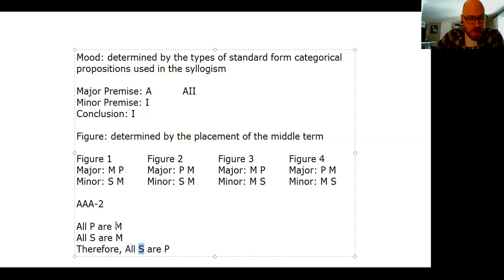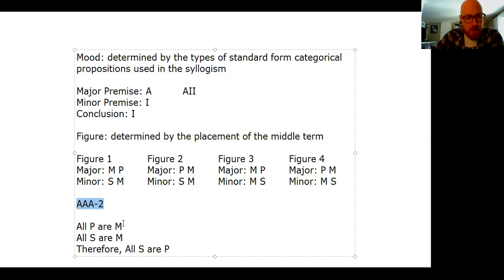So this middle term, since we are in figure 2, is undistributed in both premises. Since there is a rule which says that the middle term needs to be distributed at least once, we know that an AAA2 is going to be invalid automatically.